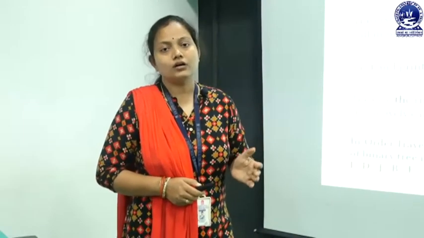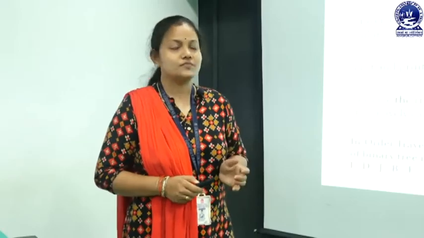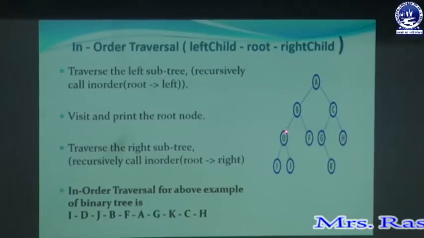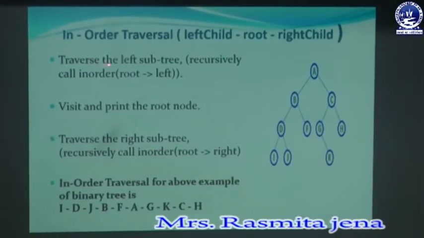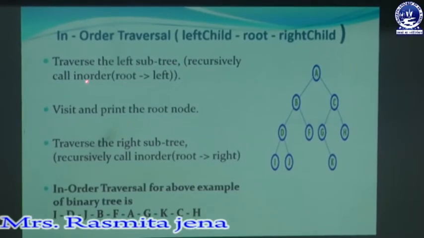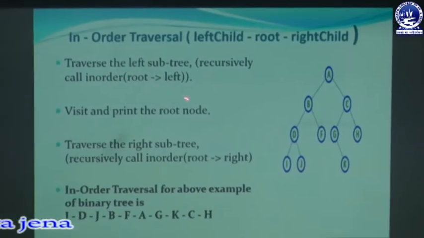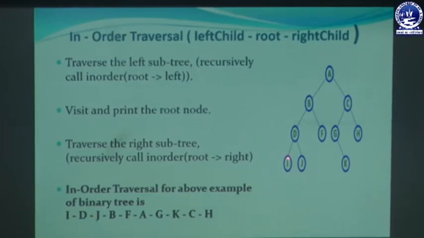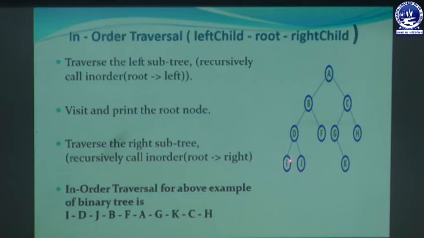So, according to the algorithm, consider this is our binary tree. According to the steps, traverse the left subtree by recursively calling in-order. That means until you reach the last node of the left subtree, we will recursively traverse the binary tree with the in-order method.